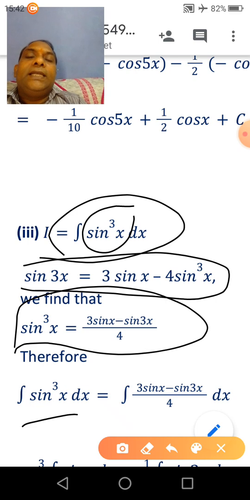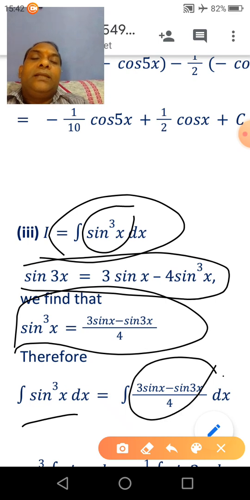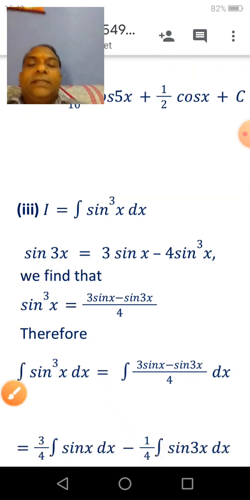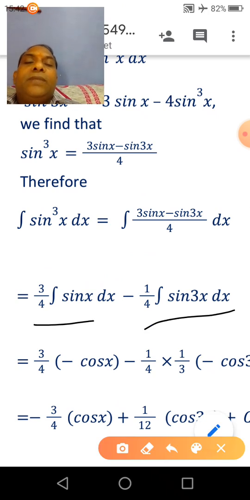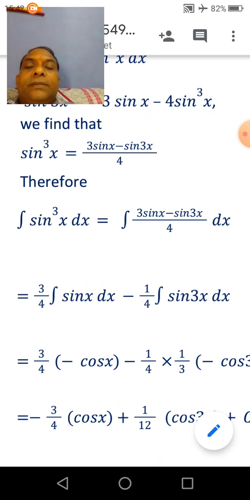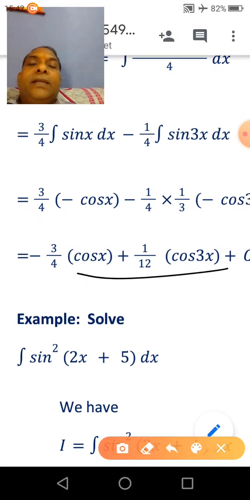So integration of sin cube x dx will be integration 3 sin x minus sin 3x upon 4 dx. Now integrate here, then you have the answer. Clear?